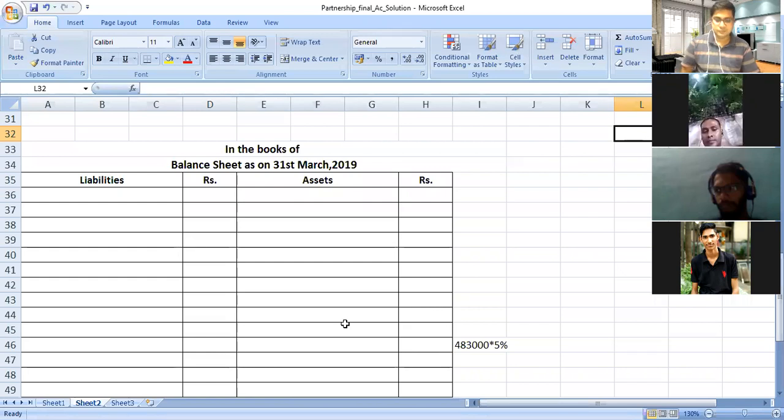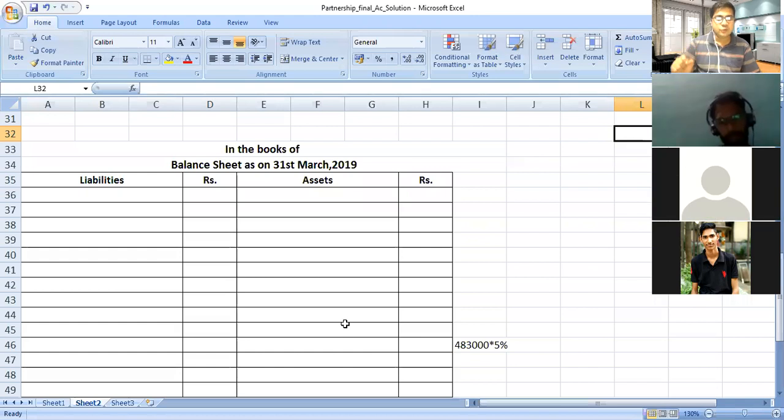Net profit will come 61,050. And the balance sheet tally total will be 2,32,180. This will be the tally total.